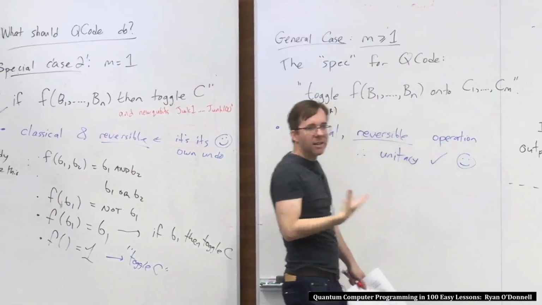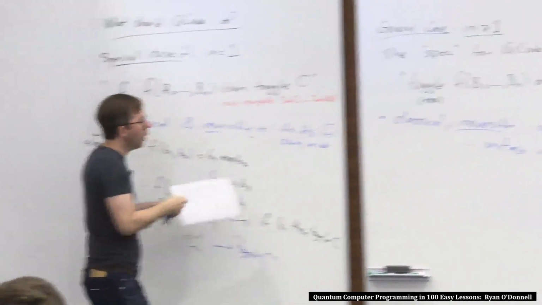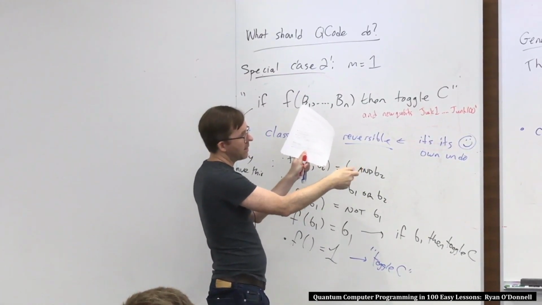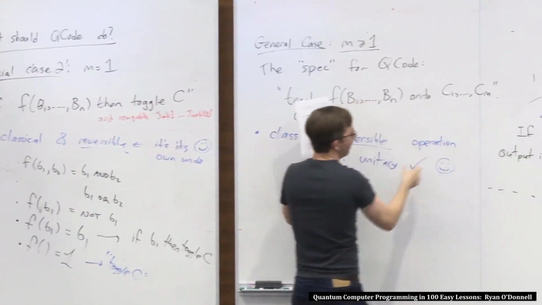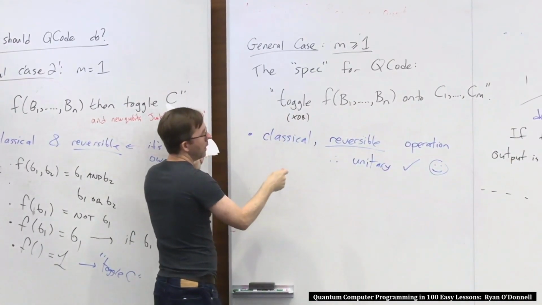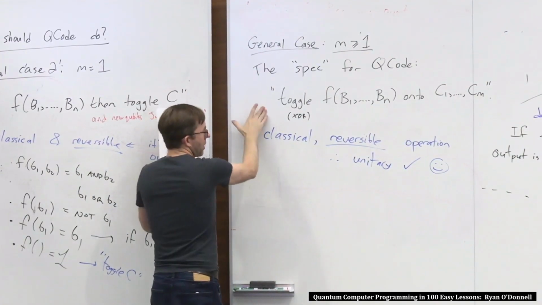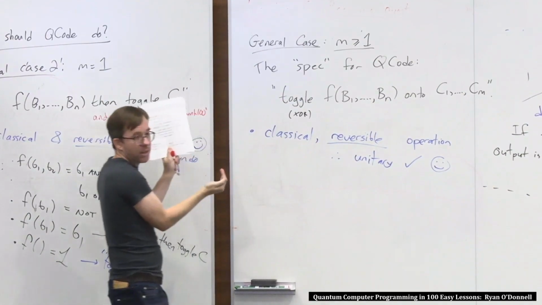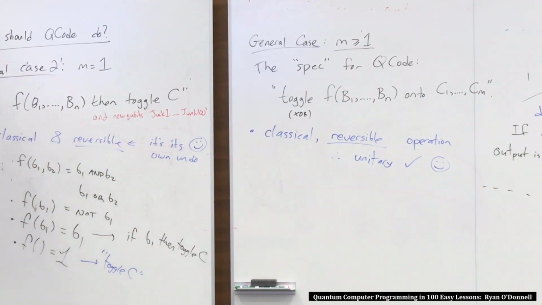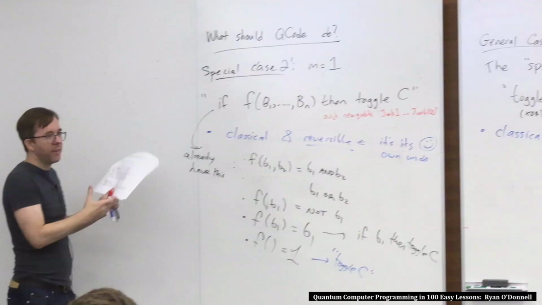So this really does implement f. If you plug in the first n bits to be the input string you care about, and the remaining m qubits to be all zeros, and then you do this instruction, you just get the answer in the last m qubits, and the first n qubits actually don't change. The input also sticks around. So I got the input-output pair.